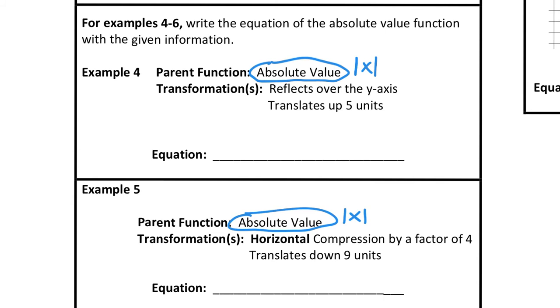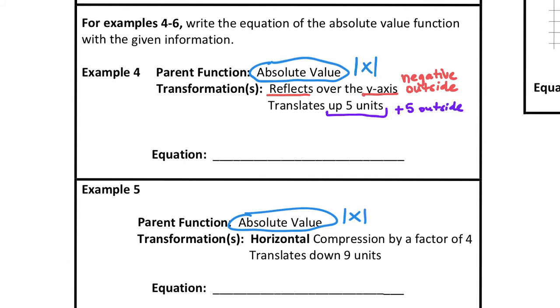Then we have reflection over the y-axis. So when we reflect on the y-axis, it's going to cause us to write a negative. And over the y-axis means the negative is going to be outside. Then we're going to do translating 5 units up. So that's plus 5. Outside.